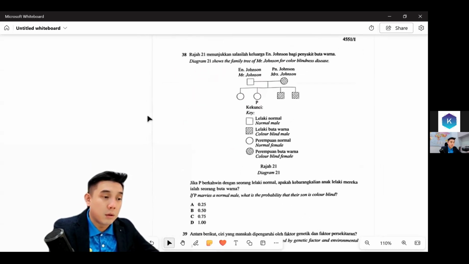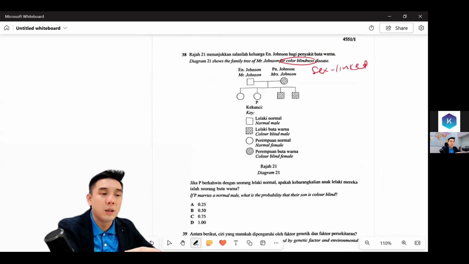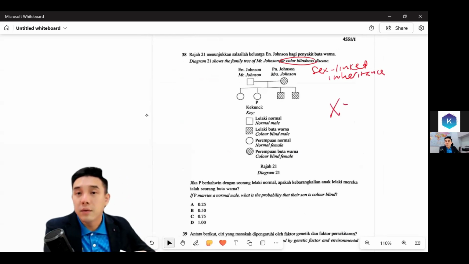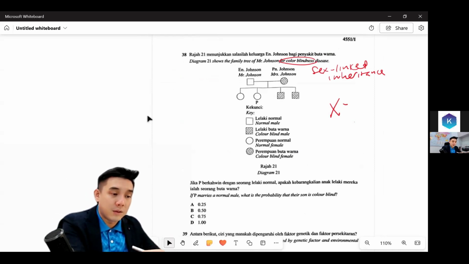Next. Those of you who follow me in normal class should know that the moment you see color blindness, this is a sex-linked inheritance. Sex-linked means this disease is found on the X chromosome. Okay, let's do this. P is a normal female, X big B, X, I do not know.